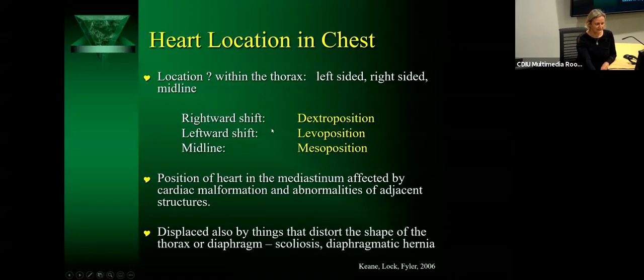Position of the heart in the mediastinum is affected by cardiac malformation and abnormalities of adjacent structures. It can also be displaced by things that distort the shape of the thorax or diaphragm, such as scoliosis or diaphragmatic hernia.